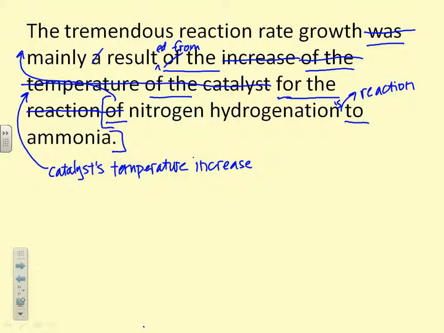The tremendous reaction rate growth of nitrogen hydrogenation to ammonia. I'm sorry, say that one more time. But then we have two ofs back to back. That's something we want to avoid. Of hydrogenation of nitrogen. We want to avoid the two back to back like that.